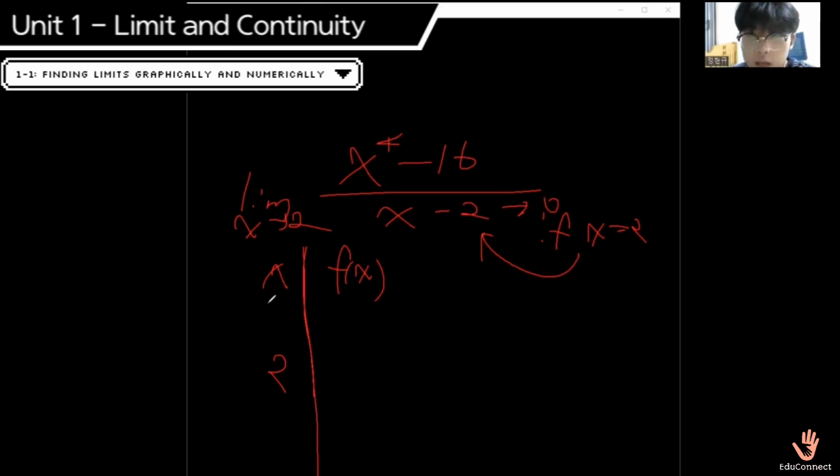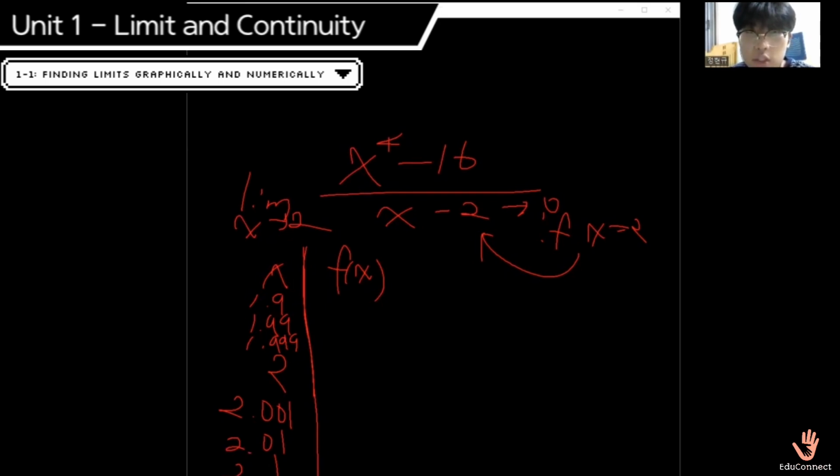So I'm going to pick 1.9, 1.99, and 1.999. So I'm getting closer and closer to 2. And the numbers that are above 2, I'm going to pick 2.001, 2.01, 2.1. So we're going to evaluate the value of the function at these 6 points, and you can use your calculator to do that.